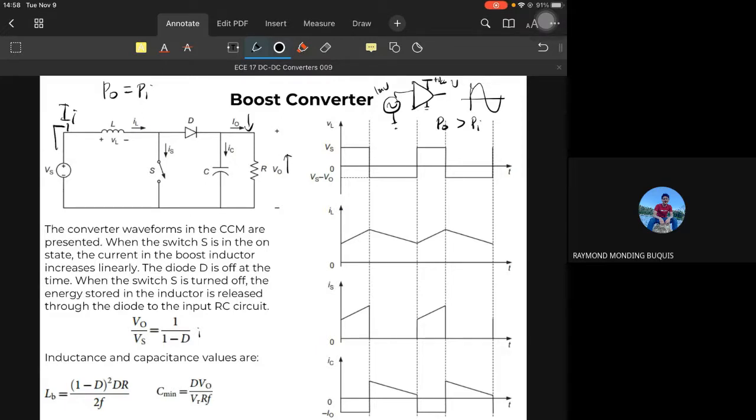For the most part, ang application sa DC converters kay sa switching or sa industrial applications. Dili nako makita ang use kung signal gid ang i-feed, like sound signal.